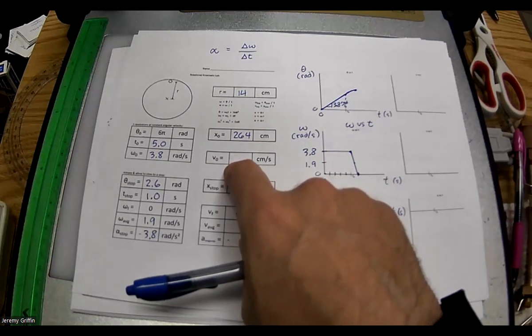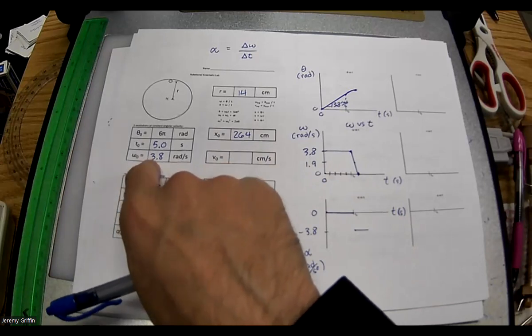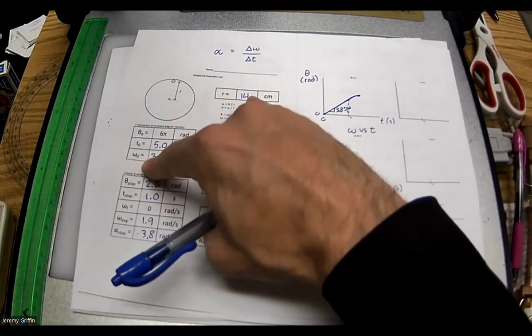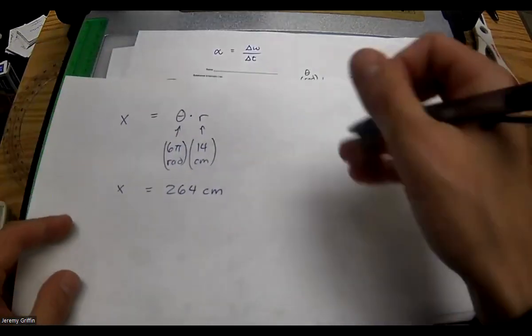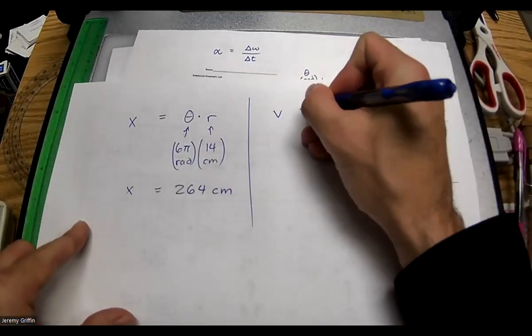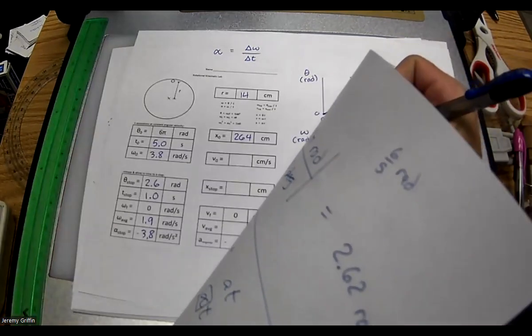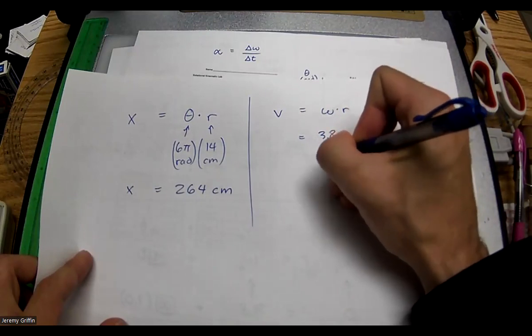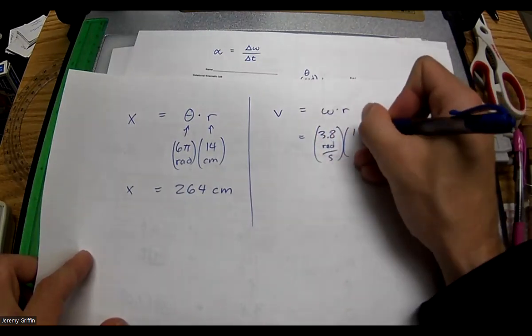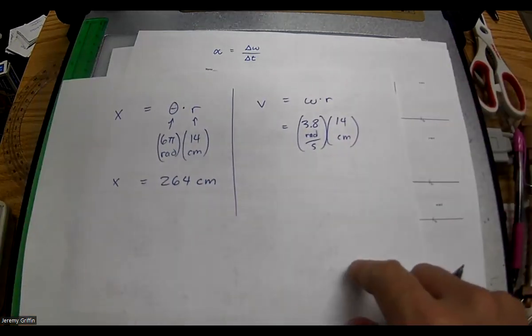Velocity, like centimeters per second. If you point your radar gun at the outside point, can you just say, how fast is it rotating times the radial distance from the center? Does it give you that number? I think so. Let's do that. So v equals omega times r. We're going to go 3.8 radians per second and a radius of 14 centimeters.